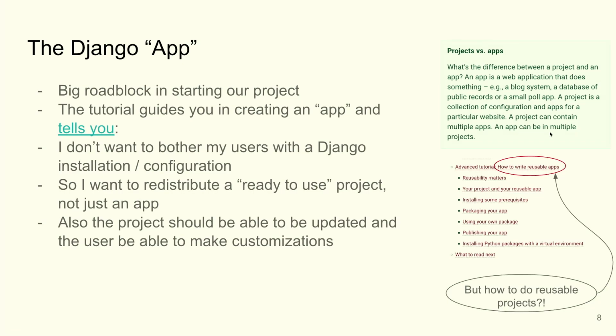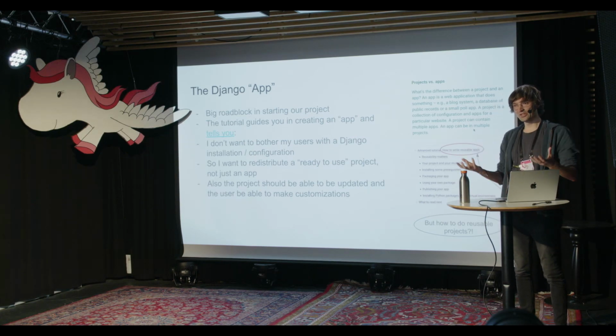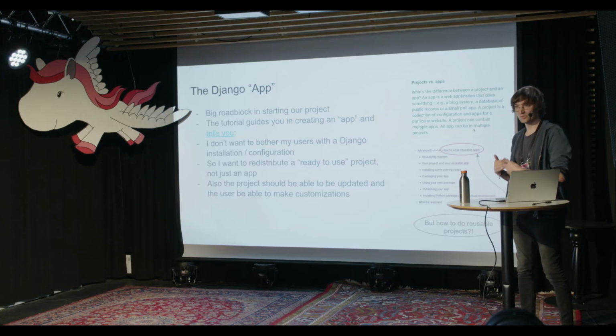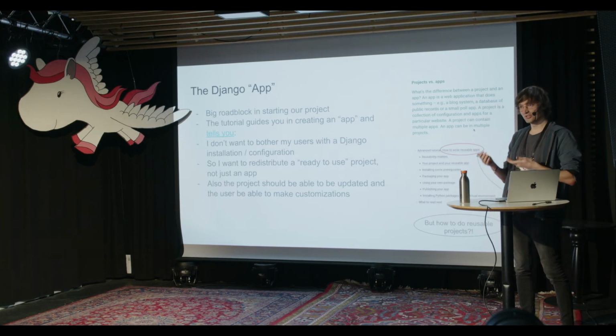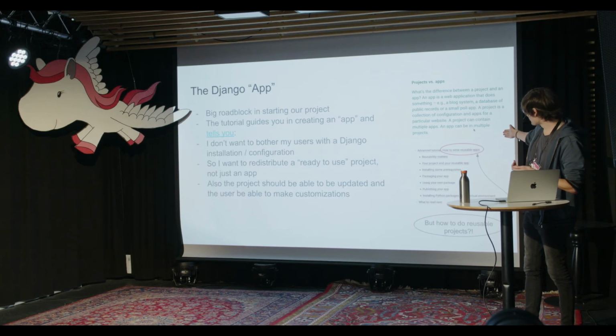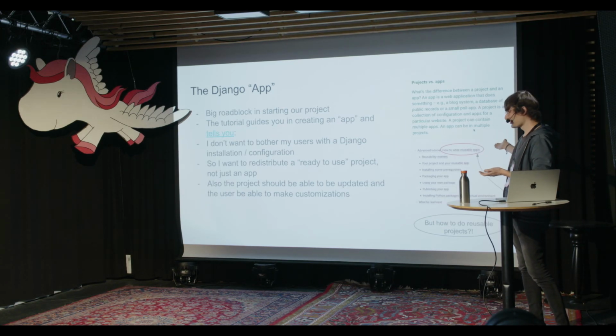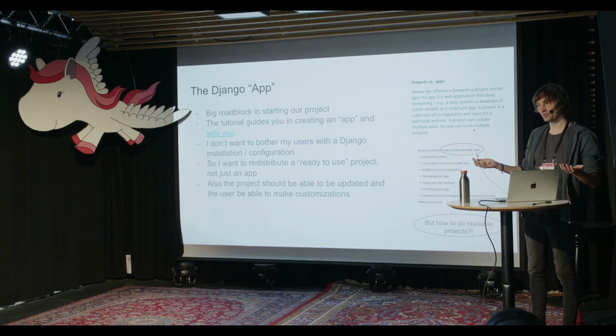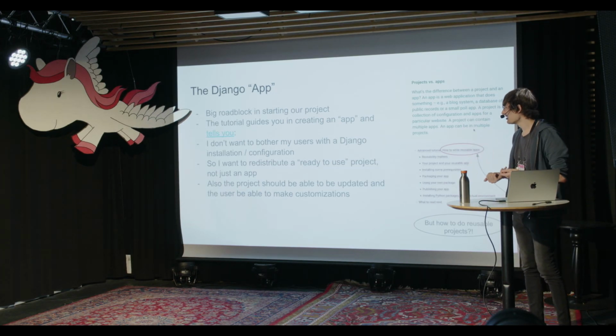And I wanted to provide my users with a redistributable out-of-the-box system. So I wanted to redistribute a Django project and not just a single app, because my user shouldn't be bothered with configuring the application. So in the documentation, I only found how to write reusable apps, but there was no word on how to provide a reusable project for other users.